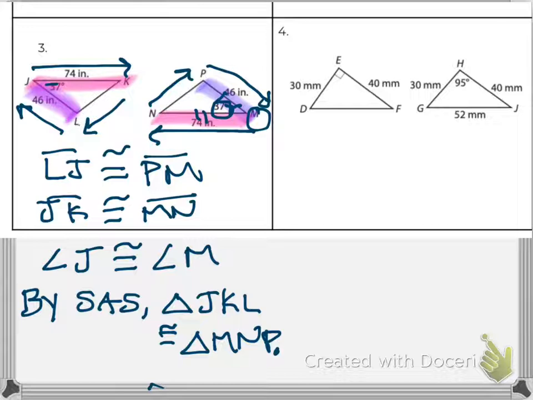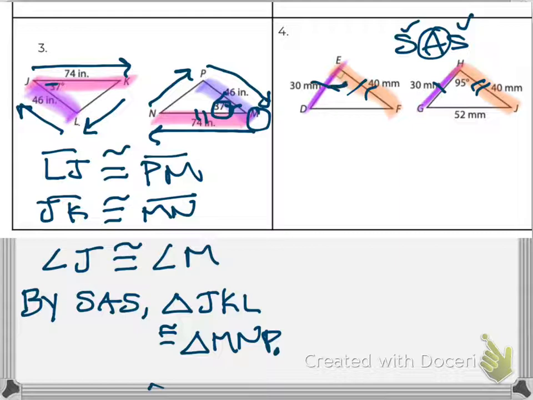All right, next one. Got 30 and 30. 40 and 40. So the sides meet the requirements so far. So for side angle side, got the sides. Let's check on that angle. So this here would be my included angle. That's hard to see. It is marked as 90 degrees with that little box.